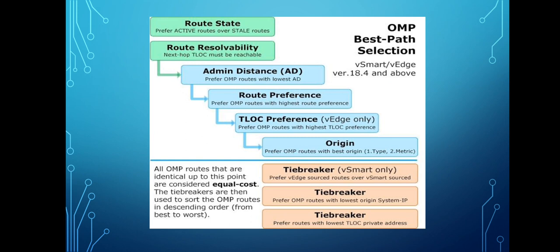Route resolvability, next hop of T-Loc must be reachable. AD, prefer OMP routes with lowest AD. Prefer OMP routes with highest route preference. Prefer OMP routes with highest T-Loc preference. And best origin.